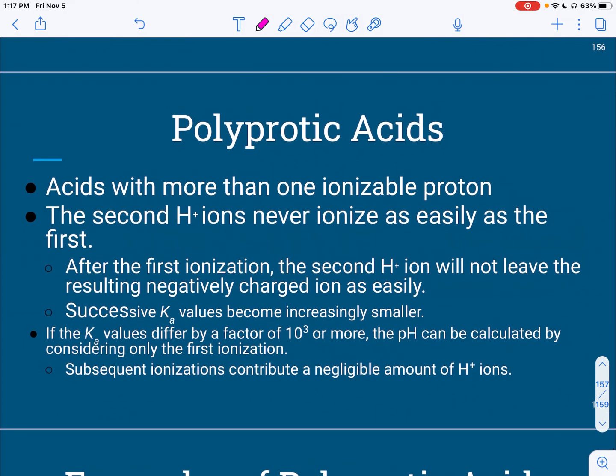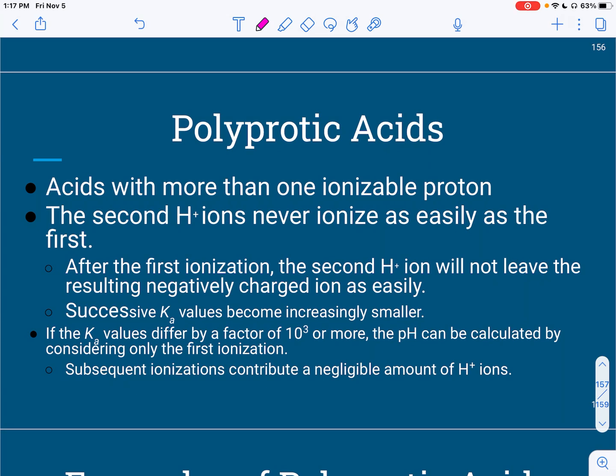So before we wrap up this video, just a quick note about polyprotic acids. Polyprotic acids, it says, are acids with more than one ionizable proton. It means they have more than one hydrogen. So the second H plus is never going to ionize as easily as the first.